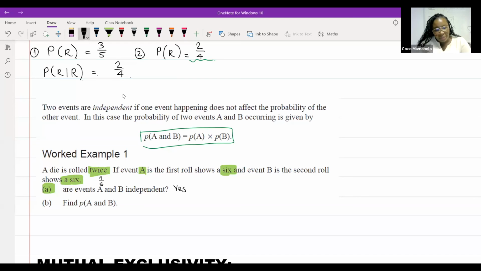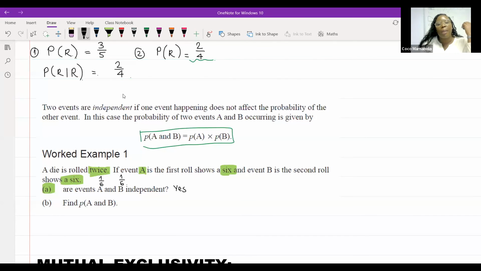That's it. If I roll a 6 the first time, remember, on a dice, the 6 doesn't go away. The 6 is still there, so I can roll a 6 again.